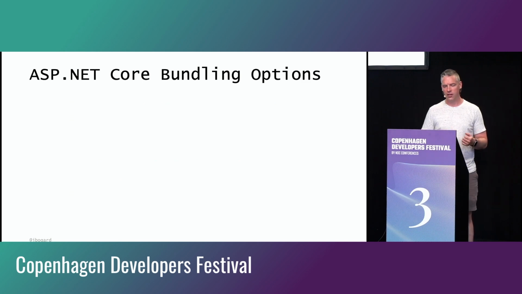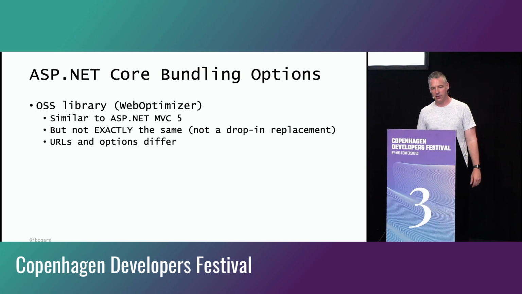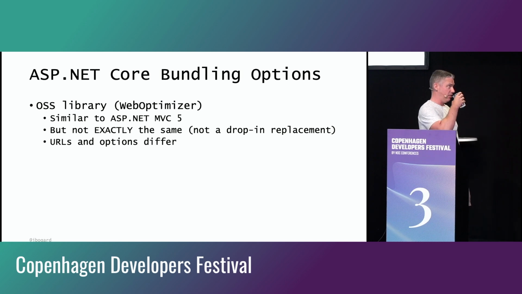The first option, and you can just go to Microsoft's website, they have this description there as well. For bundling and minification, there is an OSS library called Web Optimizer, built by someone from the ASP.NET Core team, but it's a third-party package, a separate add-on to ASP.NET Core.